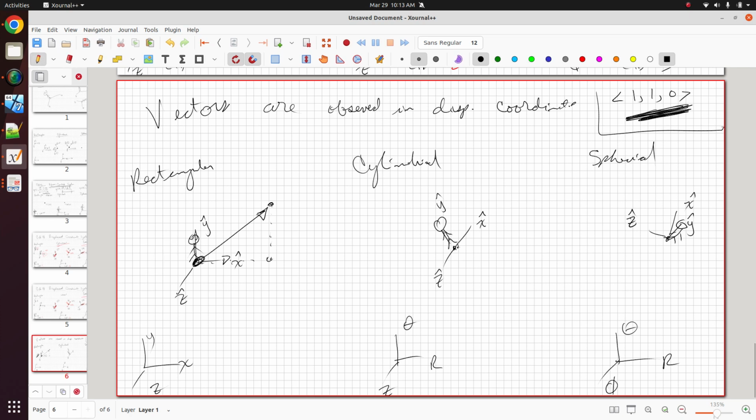For this point, for this observer, we walk along the x and then we walk along the y. And this would be the vector for this observer in this displacement coordinate system. And then we'll repeat the same for this one. So we walk along the x and then we walk along the y. And so the vector will look something like that.